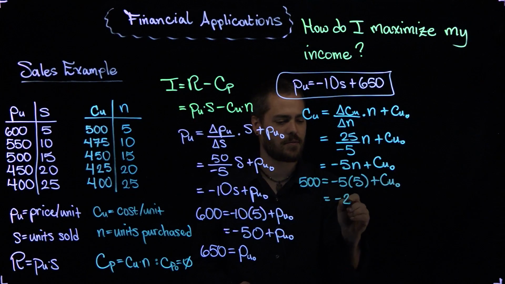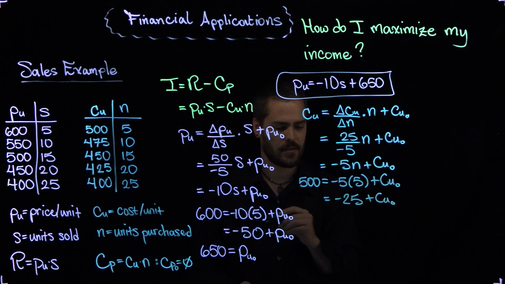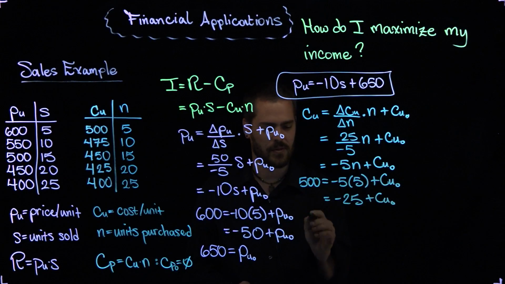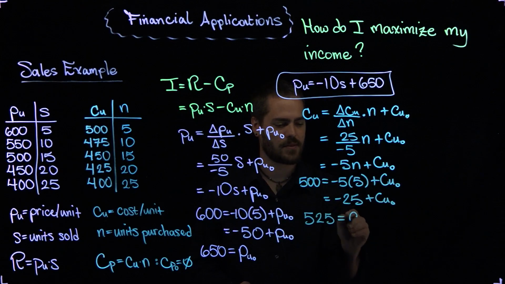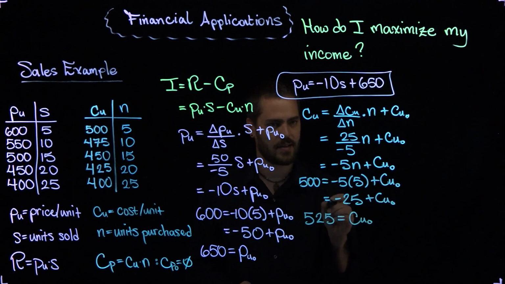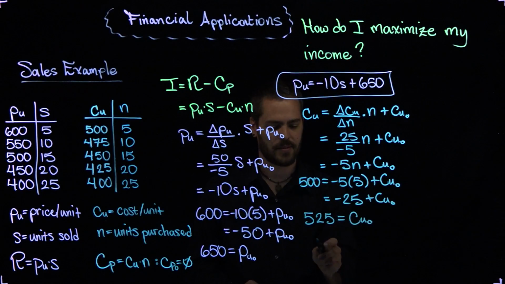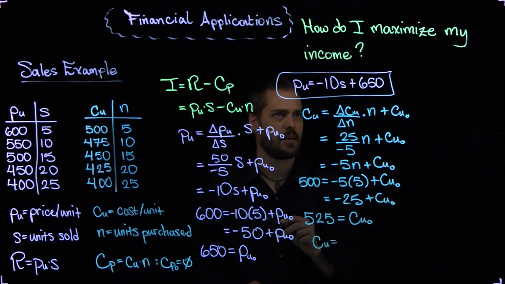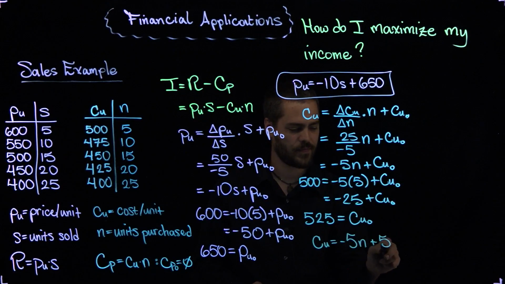That gives me negative 25 plus that initial value, which means add the 25 to both sides of the equation. 525 is equal to that initial value, and I have enough information to generate an equation for my cost per unit. I can then say my equation is equal to negative 5 times n plus 525.